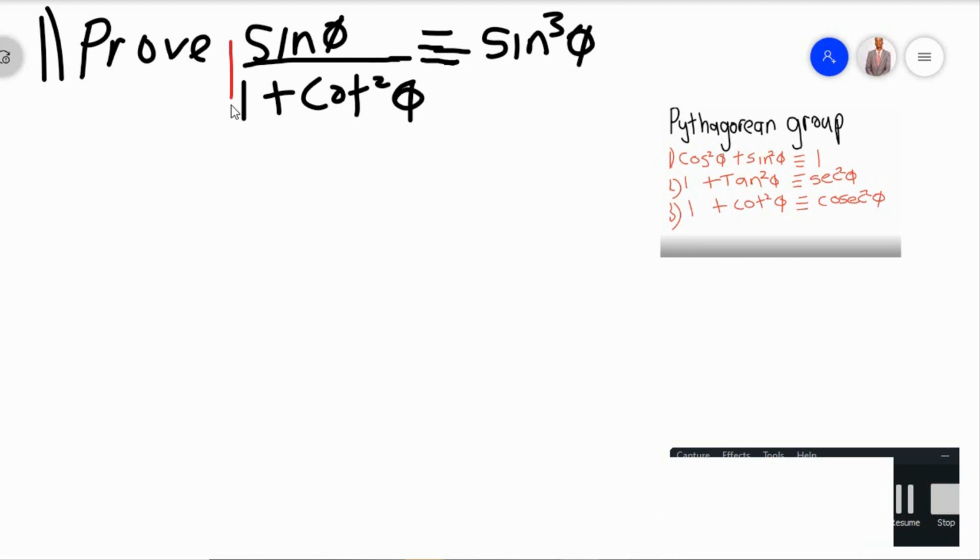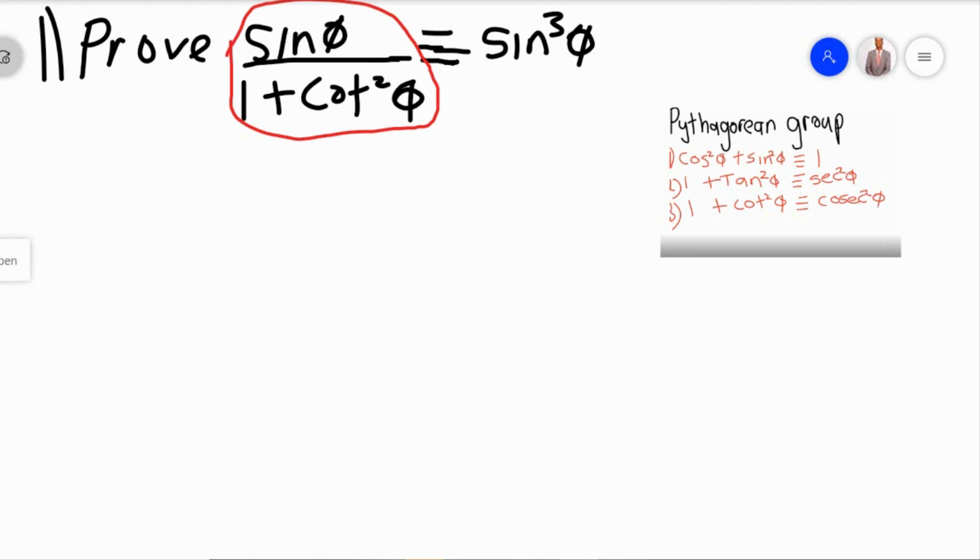Let's do an example. Let's say we are given: prove sine theta over 1 plus cot squared theta is exactly identical to sine cubed theta. I can write LHS, meaning I'm starting from the left hand side to the right hand side.